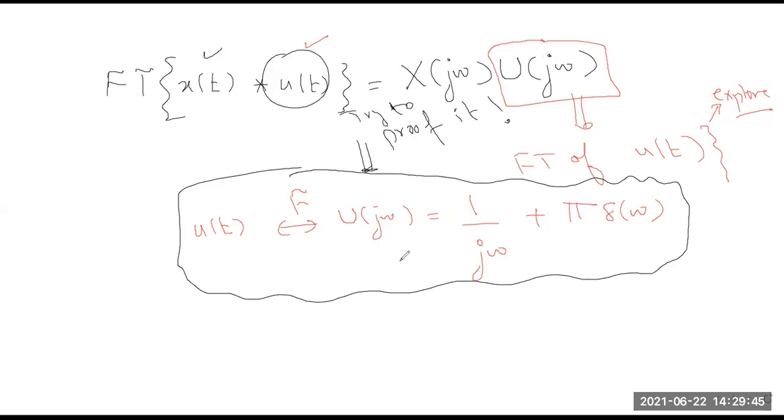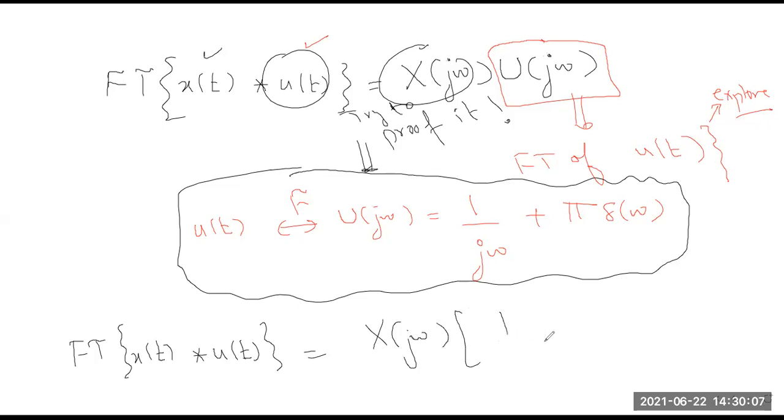Once we have this information, what will our Fourier transform become? We multiply X with this. So the Fourier transform of x of t convolved with u of t is this thing multiplied with 1 over j omega plus pi delta. So let's multiply this inside. What will we get?